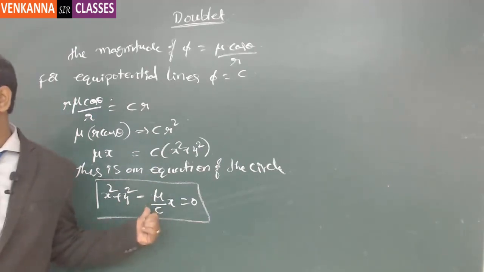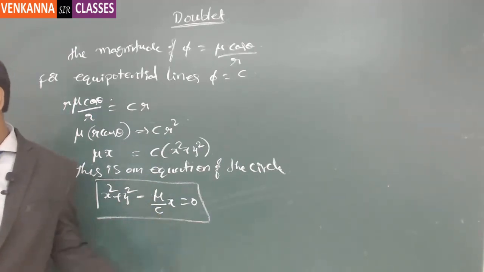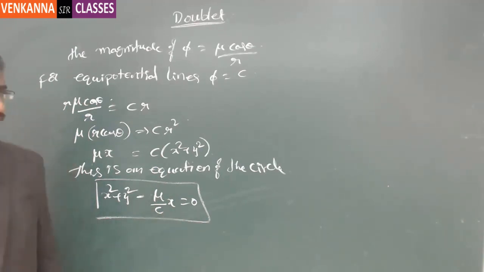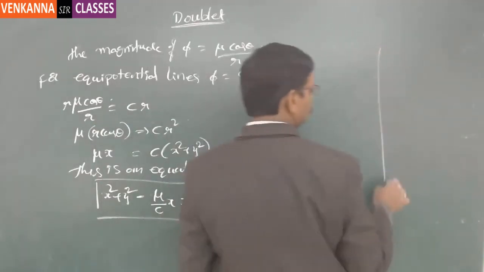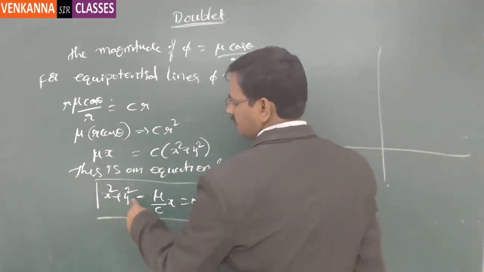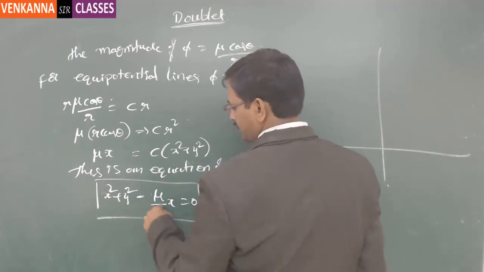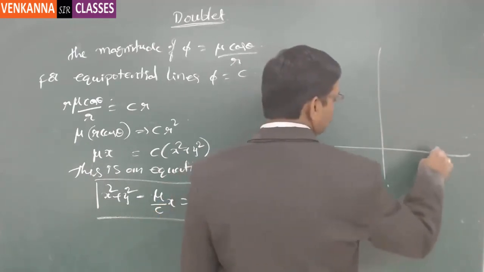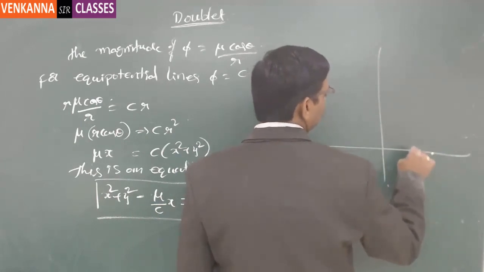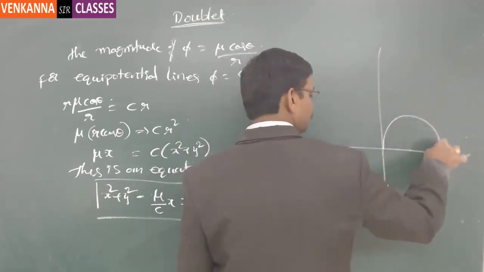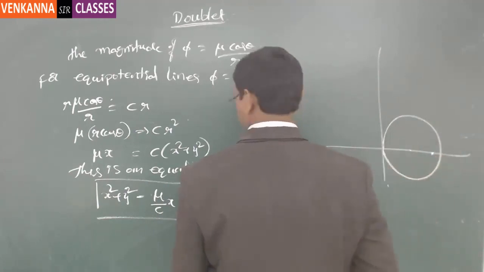I hope you are aware this is the equation of a circle. What is the shape of the circle? On y this is 0, and x is shifted to mu by 2c, so somewhere here you will find the center, and the circle will be like this. Got it?